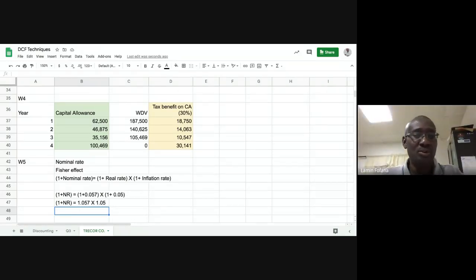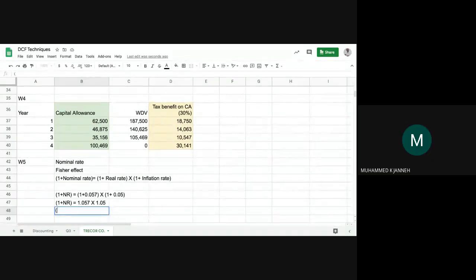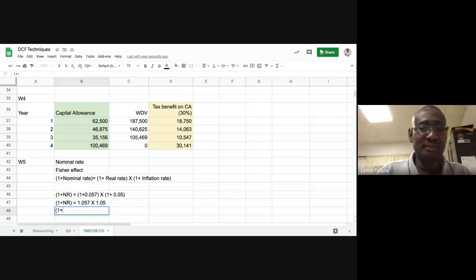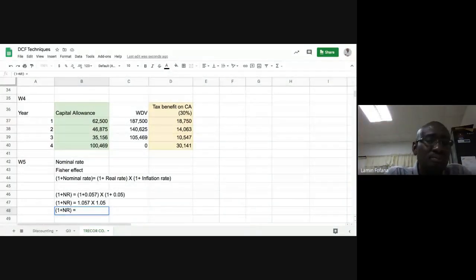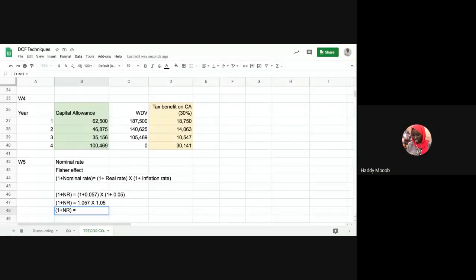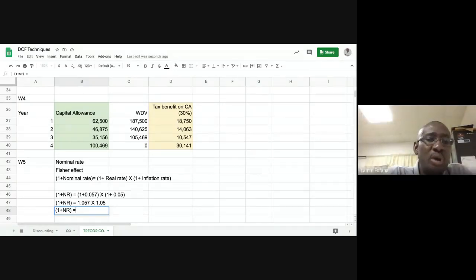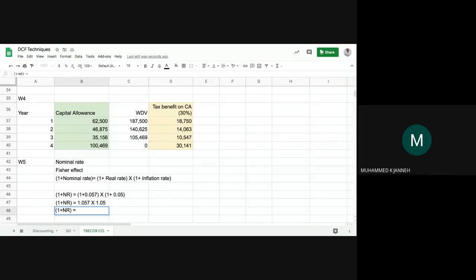So now 1 plus NR is equal to what? What is 1.057 multiplied by 1.05?